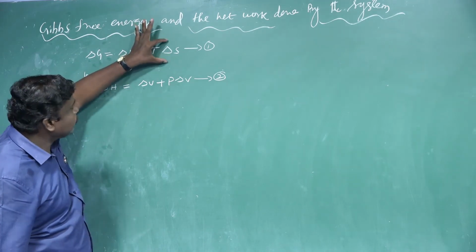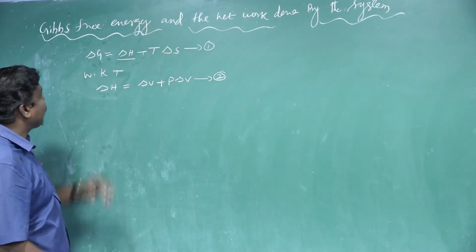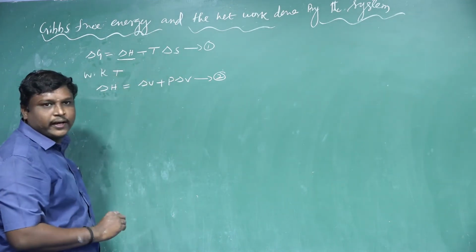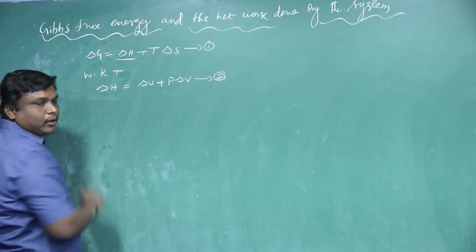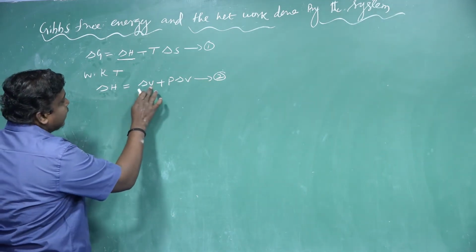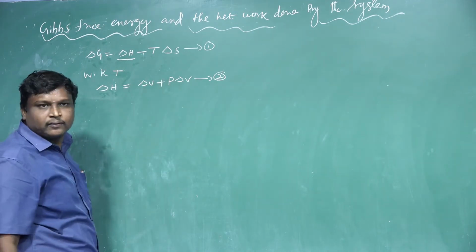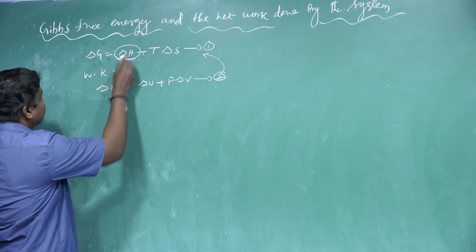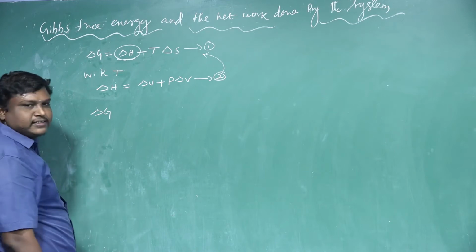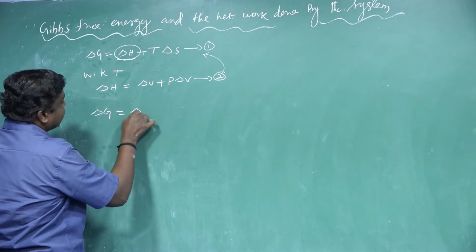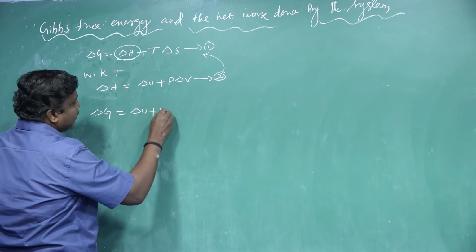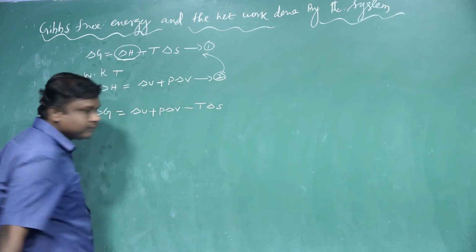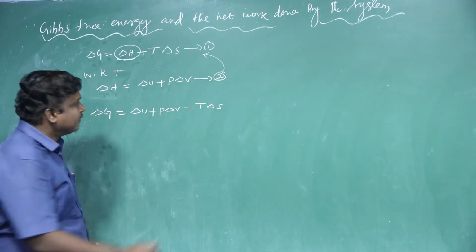To compare equation 1 and equation 2: equation 1, ΔG equals ΔH minus TΔS; equation 2, ΔH equals ΔU plus PΔV. Substituting the ΔH value of equation 2 into equation 1, we can write ΔG equals ΔU plus PΔV minus TΔS. This is equation 3.